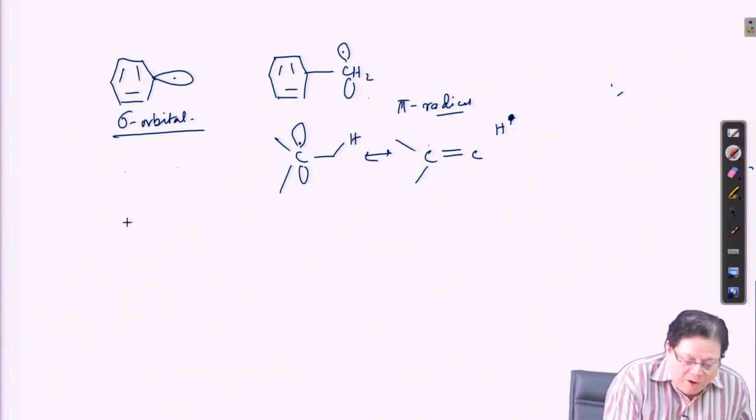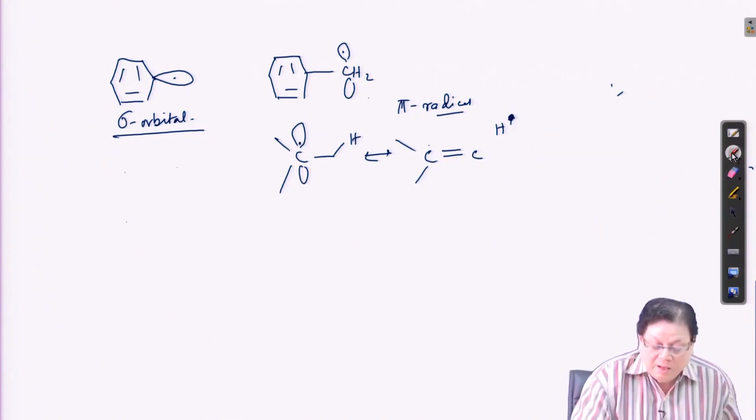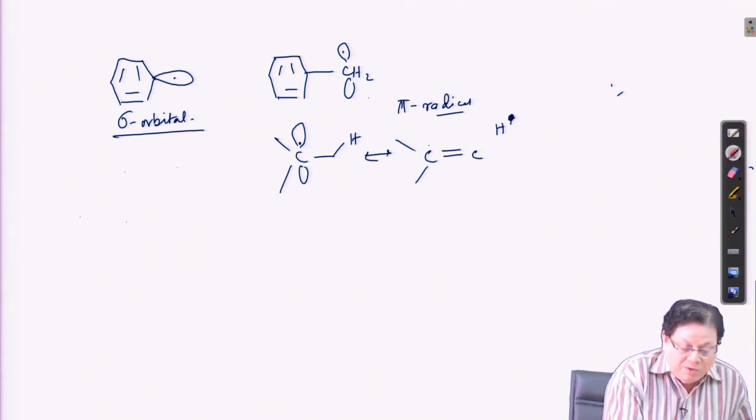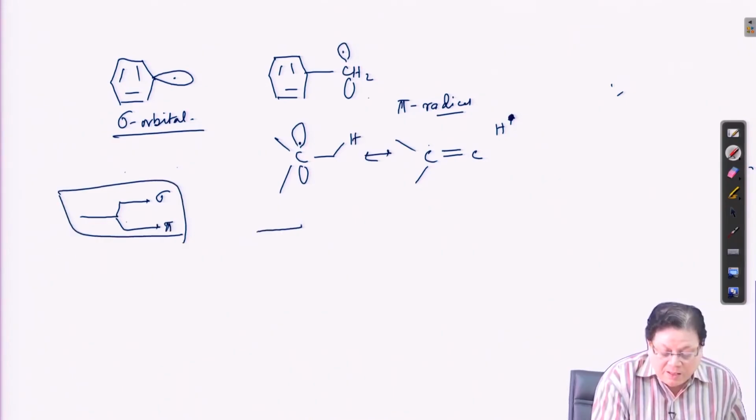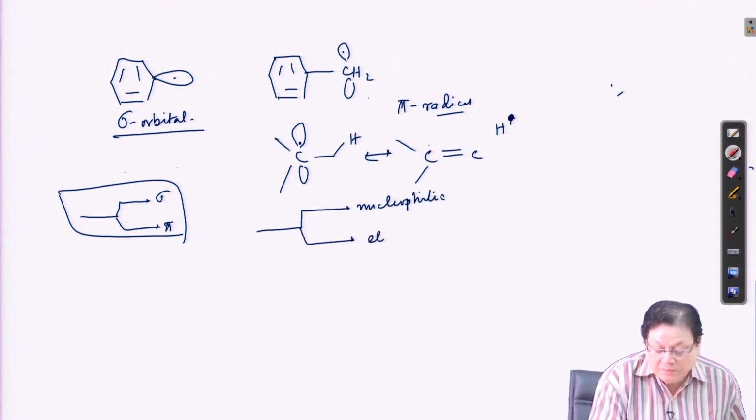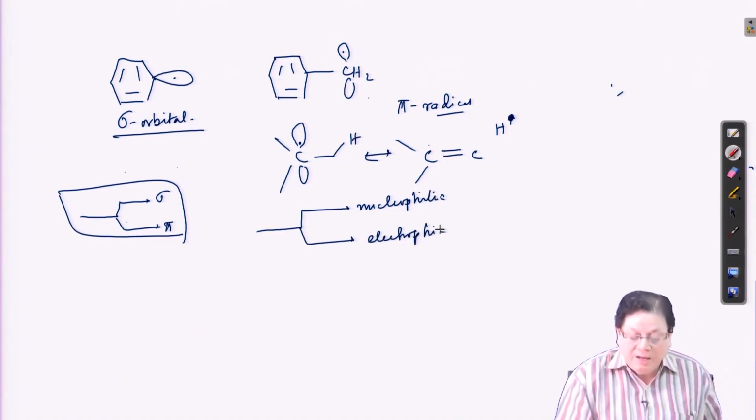So, what we are saying is that first of all, sigma and pi radical is one type of classification. Then we are saying nucleophilic and electrophilic. What is a nucleophilic radical?